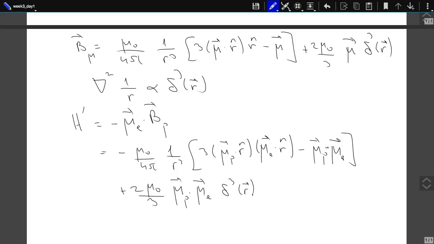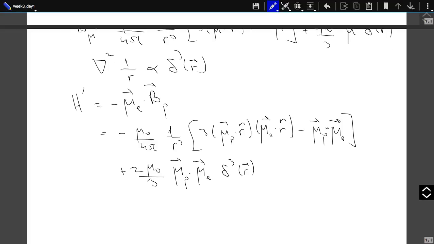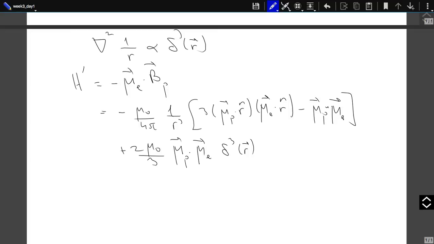And mu is nothing but proportional to the spin of the particles. So if you just put the proportionality constants, etc., what you get is equal to mu 0 over 4 pi 1 over r cubed gp 1 over 2 m proton times m electron.